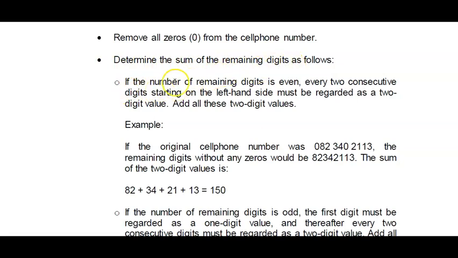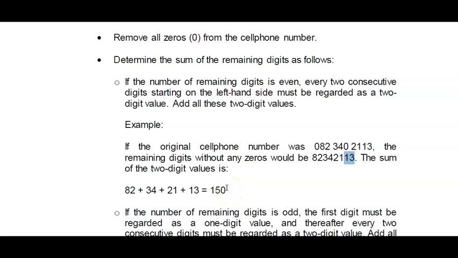If the number of remaining digits is even, we are going to use every two numbers as one number. So in other words, we've removed the zeros there. We're going to take 82 like there, and then we're going to add to that 34, and then we're going to add to that 21, and then we're going to add to that 13, and that's the answer that we then have to compare with the access code received.